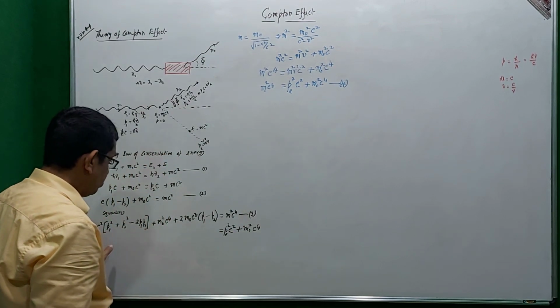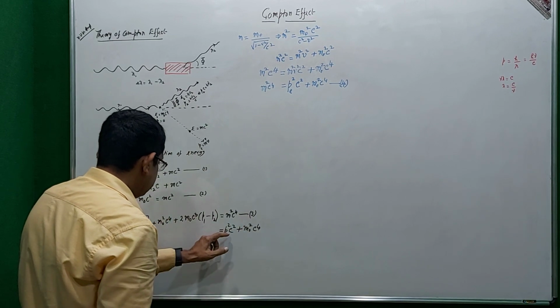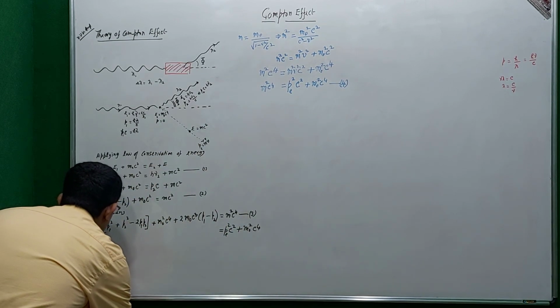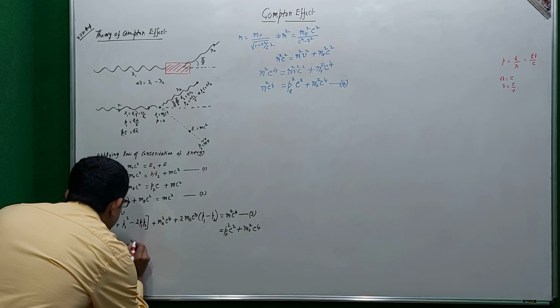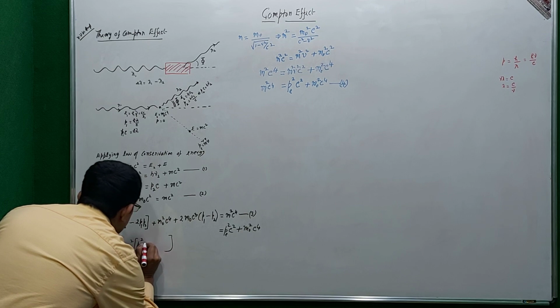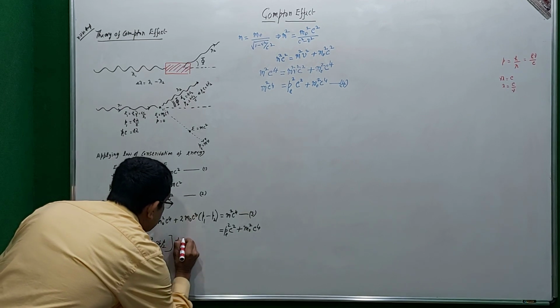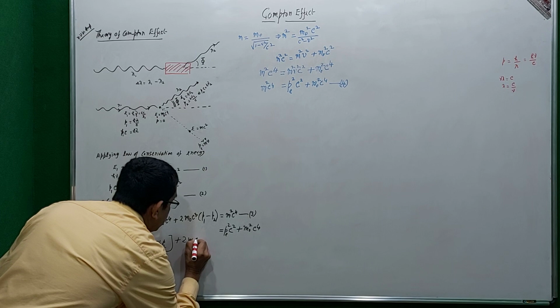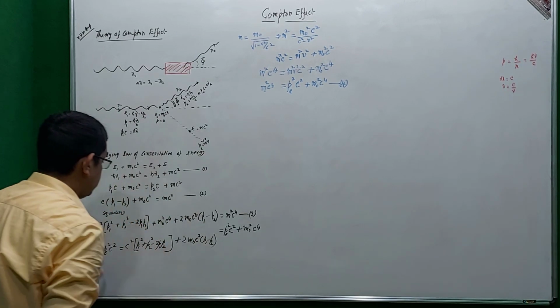Now here the m naught square c to the power 4 cancels, and therefore simply we have p square c square equal to c square times the bracket p1 square plus p2 square minus 2p1 p2 plus 2 m naught c cube (p1 minus p2).